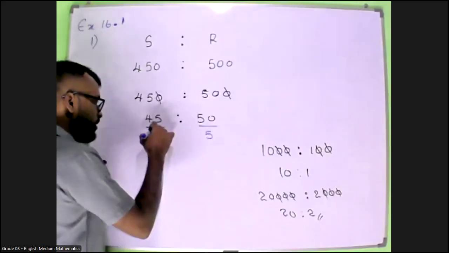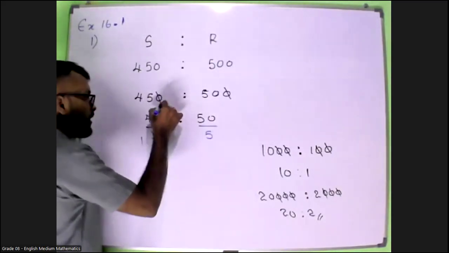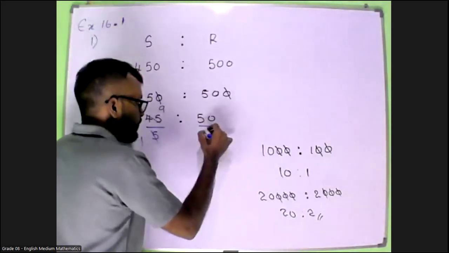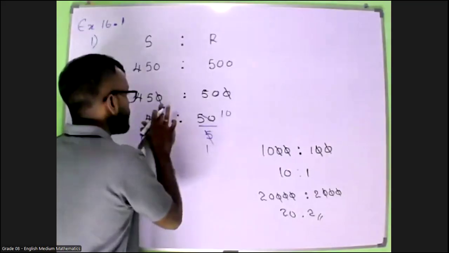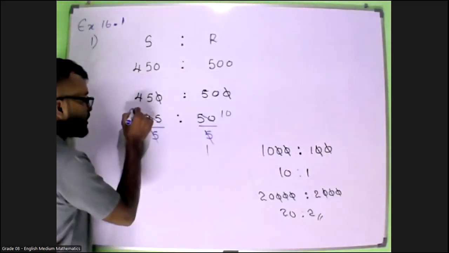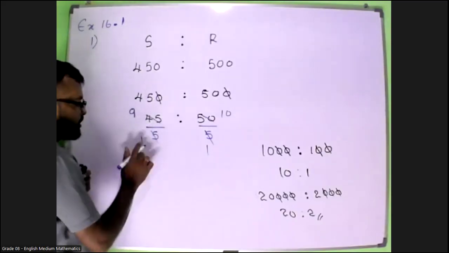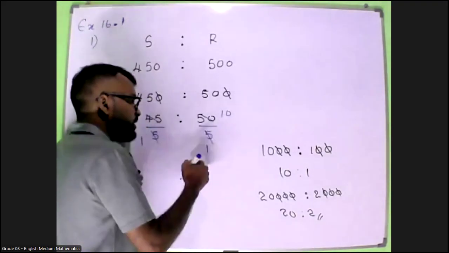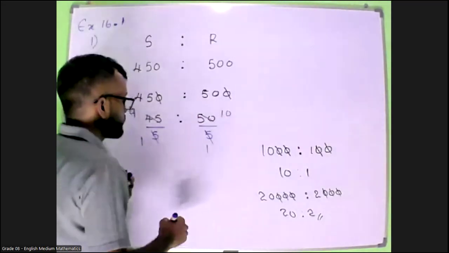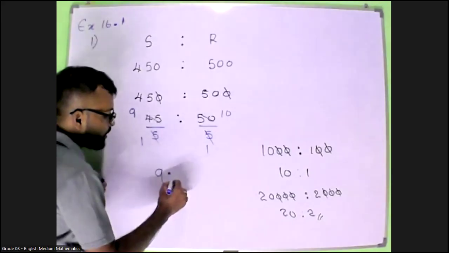Then 5 times 9 is 45, and 5 times 10 is 50. So 45 divided by 5 is 9, and 50 divided by 5 is 10. So the answer is 9 to 10.